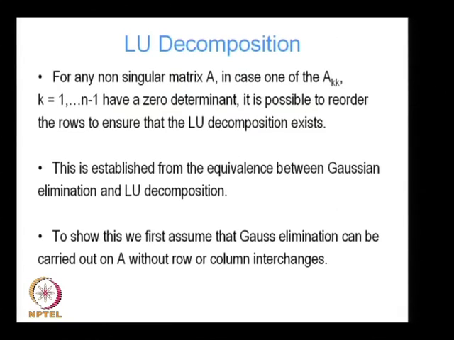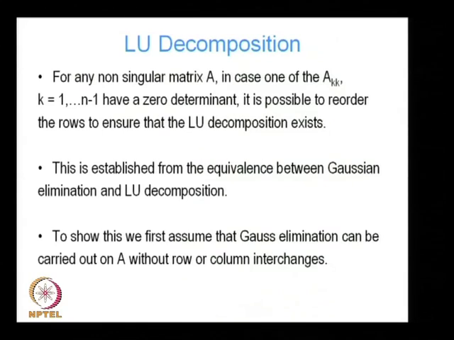So, by interchanging the rows, we can ensure that for any non-singular matrix, all the submatrices Ak, k equal to 1 through n minus 1, have a non-zero determinant, which means that the LU decomposition is going to exist for that matrix, and each of these L and U matrices is going to be unique.